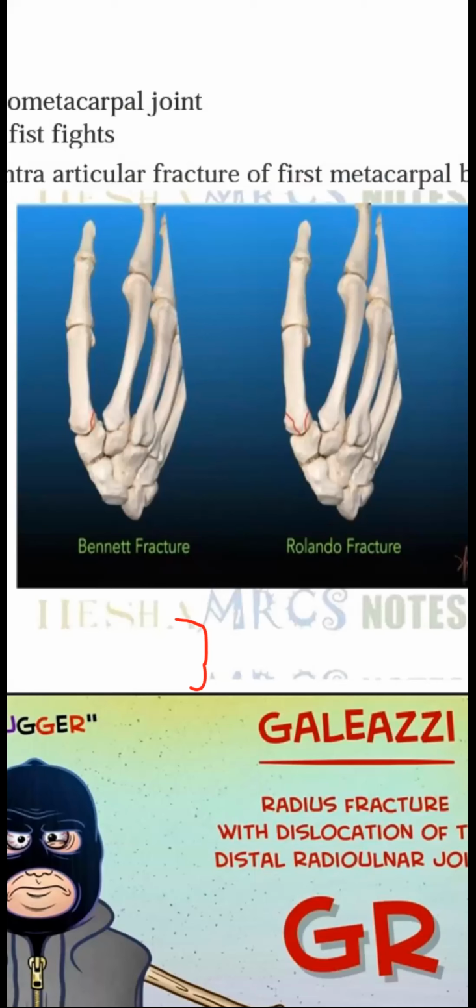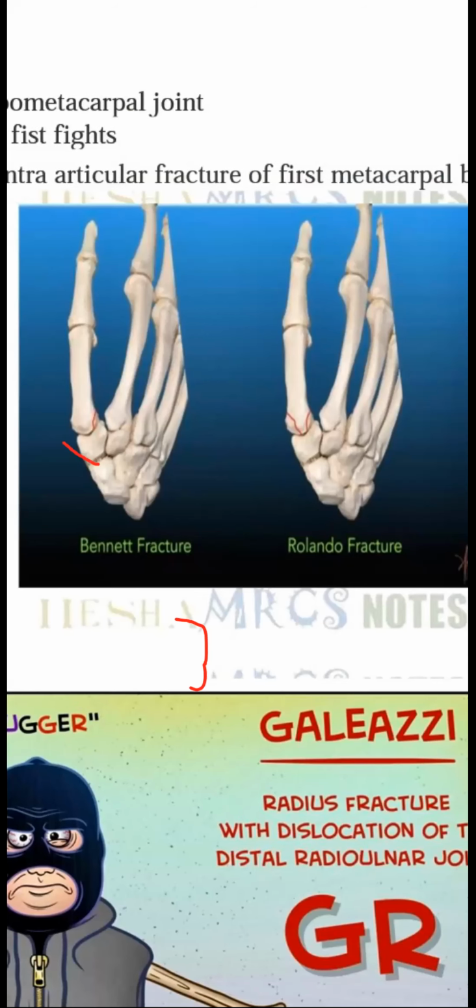Bennett fracture is a simple intra-articular fracture at the base of the first carpometacarpal joint, while Rolando fracture is a comminuted intra-articular fracture. So Bennett is simple, Rolando is comminuted.